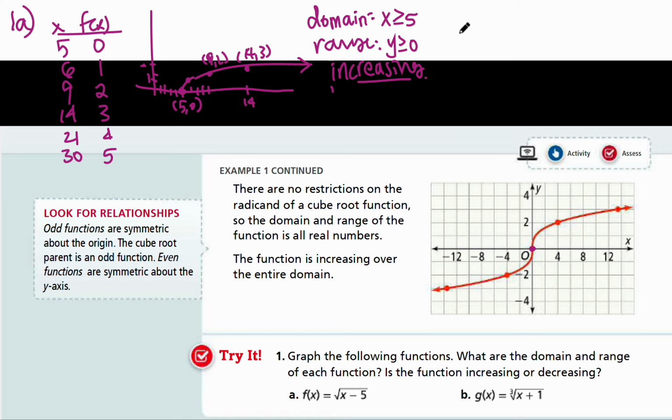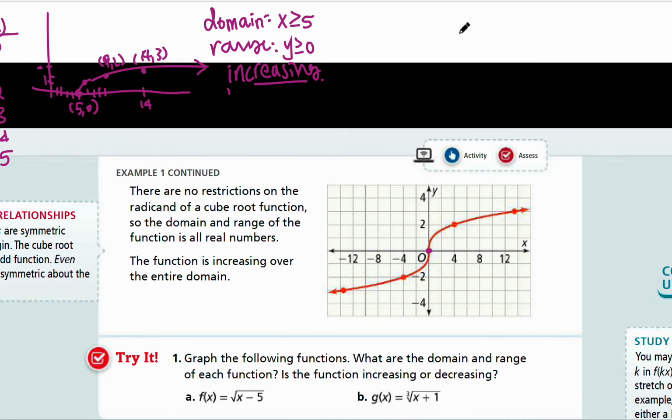It's a cube root function. And so for part B, you'll also write the table of values. We can have negatives, right? So when it's -9, for example, -9 plus 1 is -8, and the cube root of -8 would be -2. -2 cubed would be -8.